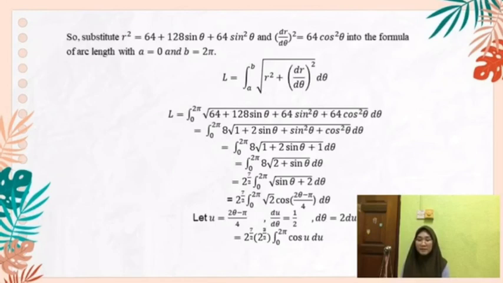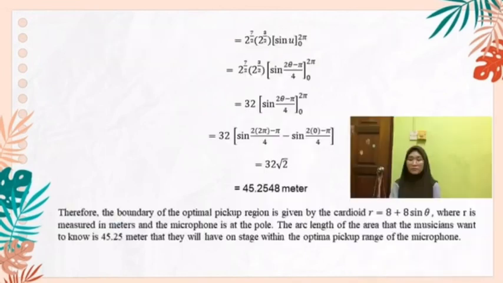So, substitute all the values into the formula of the arc length with A equal to 0 and B equal to 2 pi. And the answer is 45.2548 meters.